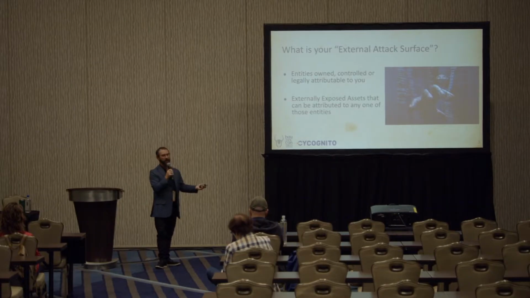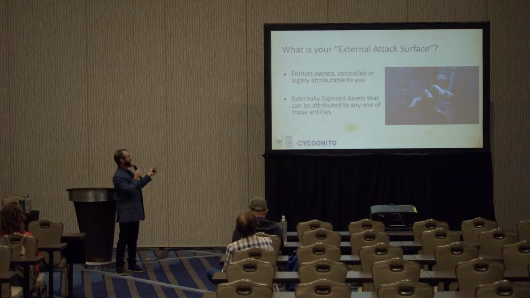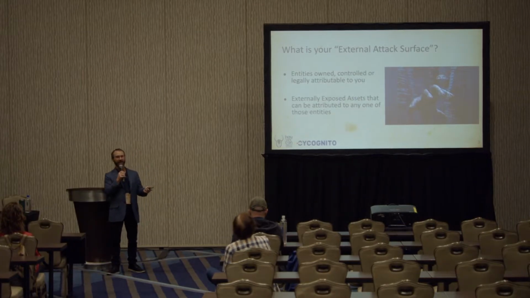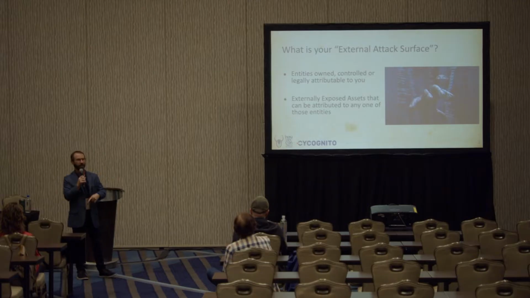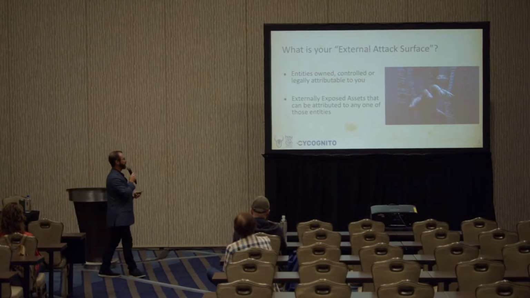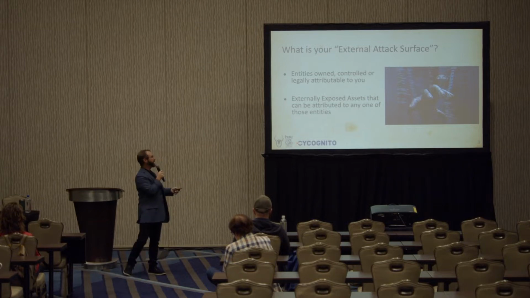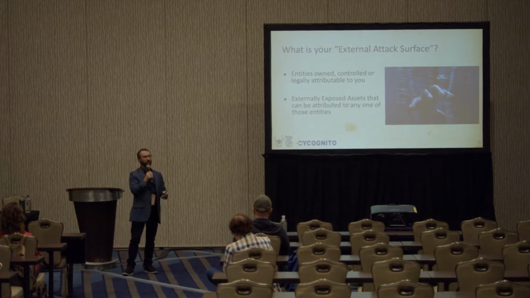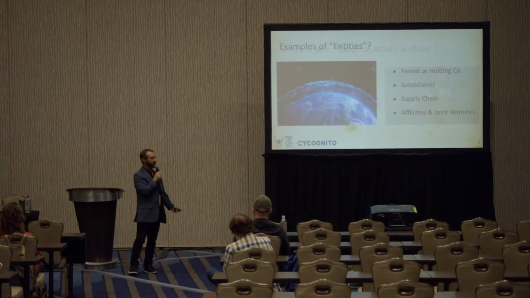So let's talk a little bit about the terms, right? What is considered external attack surface? It's any entities that are out there that are either owned or attributed to you. Anything that is owned or attributed to you, we'll talk about what we consider an asset, but it's those exposed assets that we can draw back to your company or a subsidiary of your company.